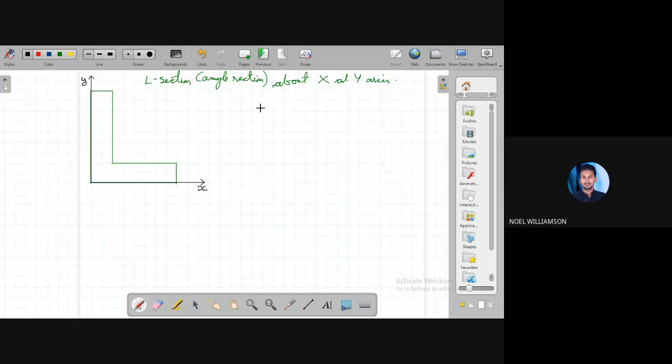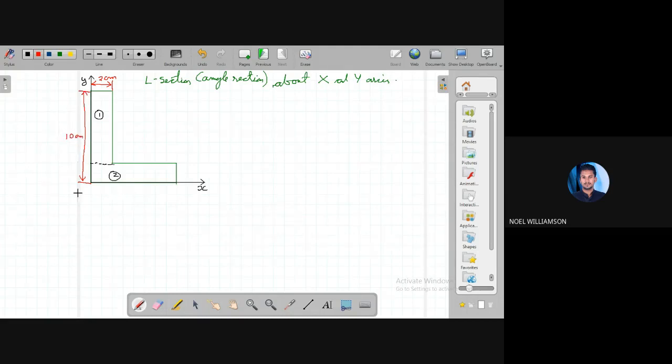That is, the first step, after sectioning, let us section like this, 1 and 2, with the dimensions. This is 2 centimeter, 2 centimeter, and this is, let us take it as 10 centimeter.